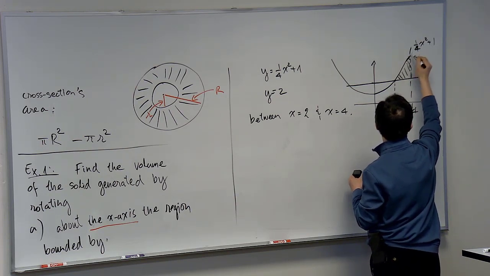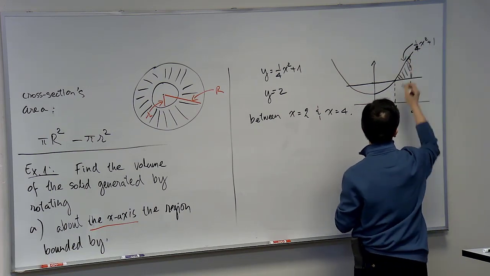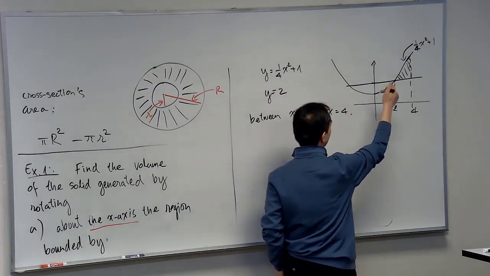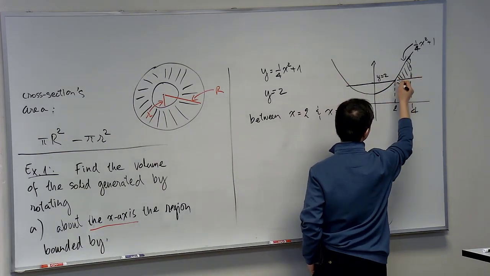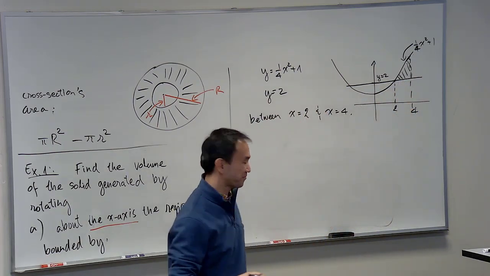So this curve right here. It happens that the line y equals 2, this horizontal line, and the curve itself cross at x equals 2. And you can easily verify that.